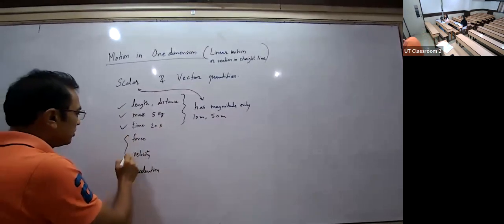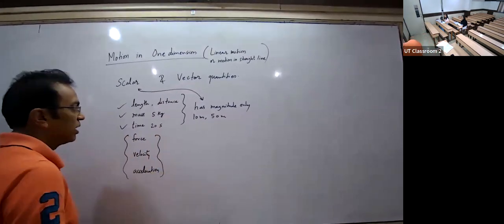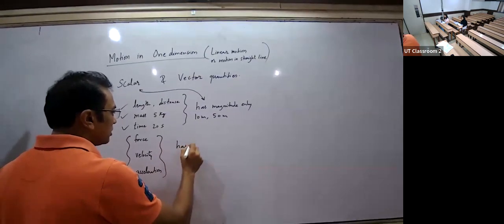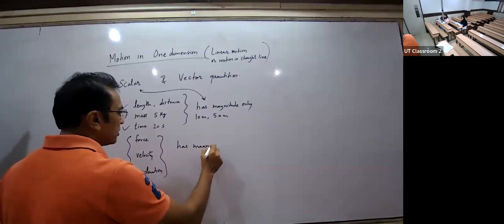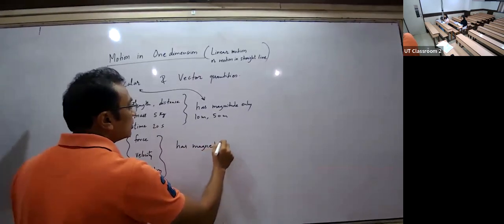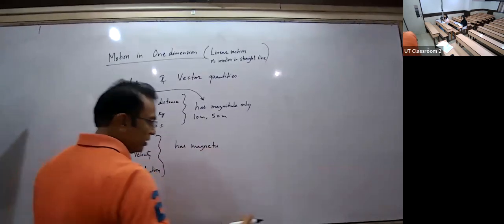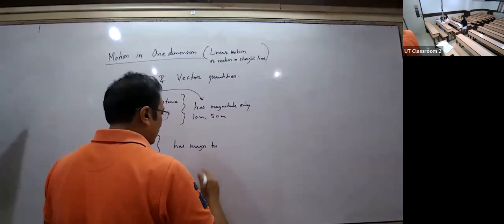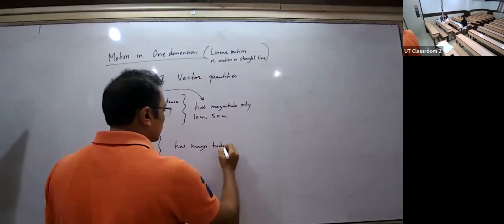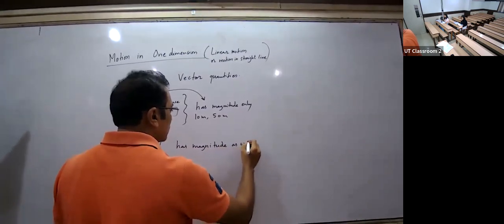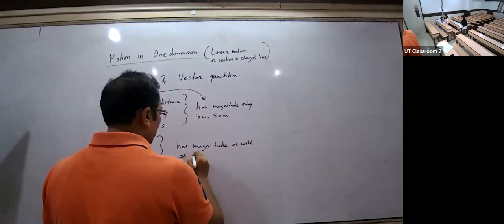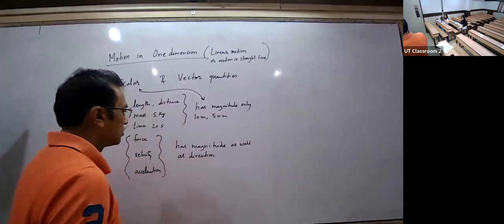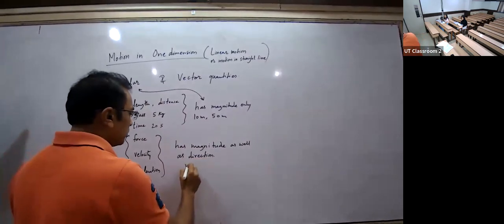Whereas in these quantities, it has value, magnitude, as well as direction. So these quantities are called vector quantities.